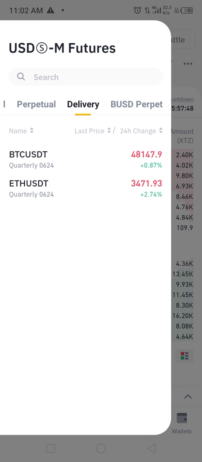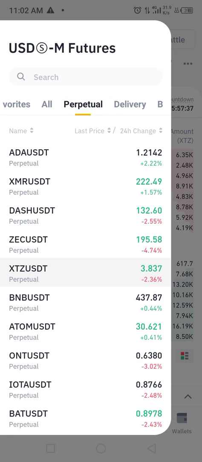You understand? We have BTC and ETH. These are the crypto assets that are available for delivery contracts on Binance. So our own topic here is the perpetual contract. It's a type of futures contract. It has no expiration. You can cancel it anytime. You can close the contract, or you can allow it to continue to keep on earning.